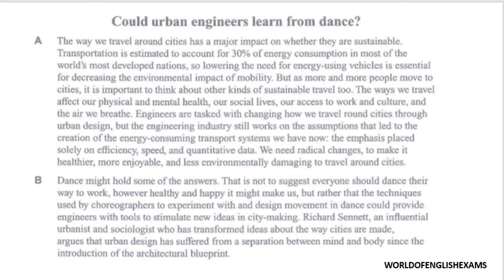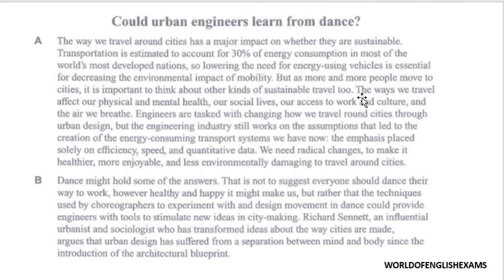The second sentence: transportation is estimated to account for 30% of the energy consumption in the world's most developed nations. So lowering the energy using vehicles, another related word. Then for decreasing the environmental impact of mobility, which means movement, travel, transport. Then one more thing he has, sustainable travel, other ways of sustainable travel.